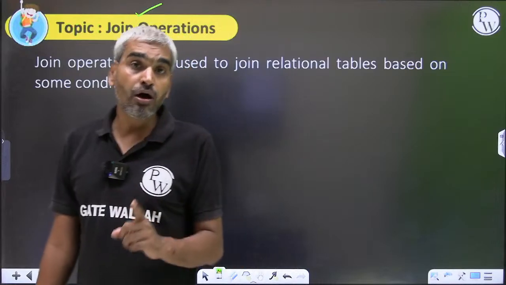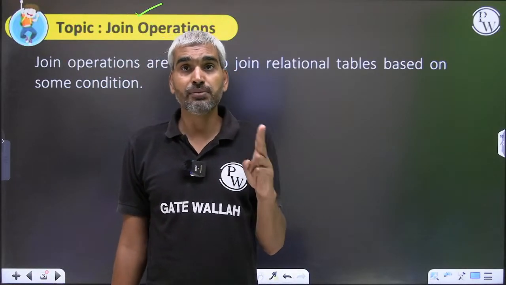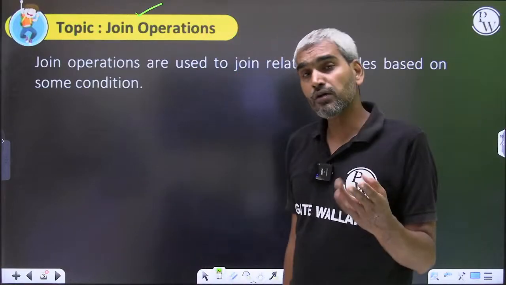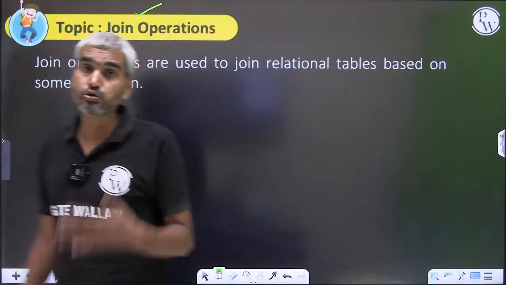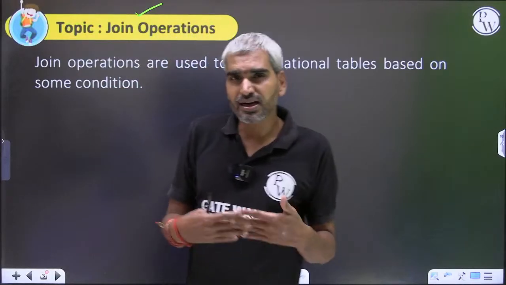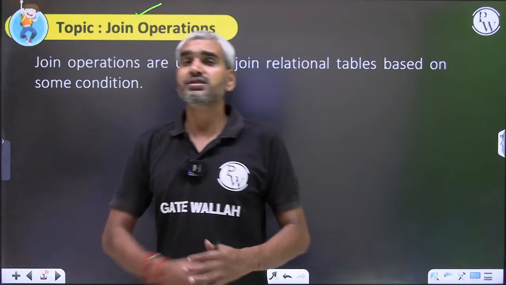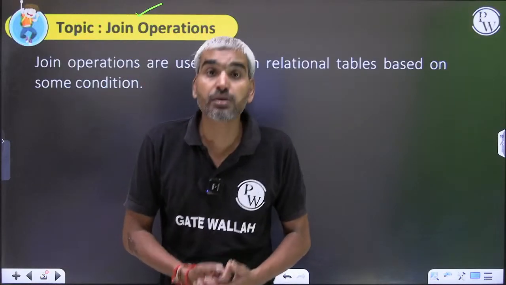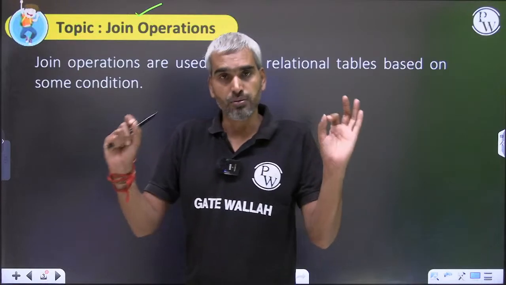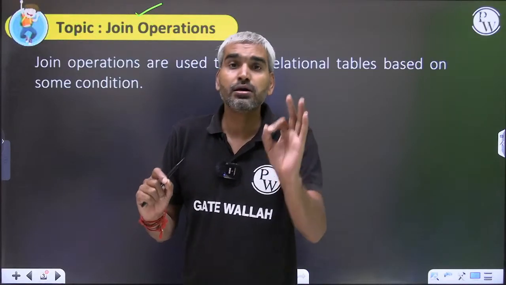So if you want to compare two different tuples of the same relation, or two tuples of two different relations, then you will have to join those tuples into a single tuple. If there is no other condition, and you want to join all the tuples of the first relation with all the tuples of the second relation, then it is called cross product or Cartesian product or cross join. So cross product is also a type of join operation, known as cross join.